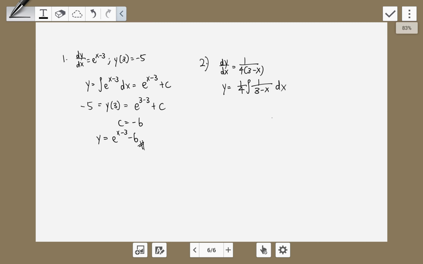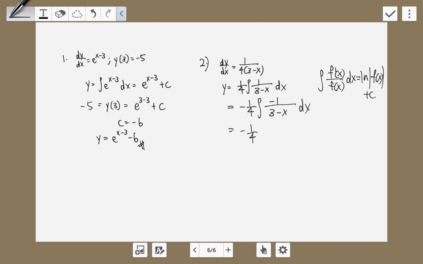When I differentiate the bottom, I get minus 1, so I'll write it like this: 1 over (3-x) dx. For this part, you make use of the idea again: the integral of f'(x)/f(x) dx equals ln f(x) plus c, remember? So this is just minus 1 quarter, because when you differentiate the bottom, I get minus 1, which is the top. So I can just use this formula, ln(3-x) plus c.